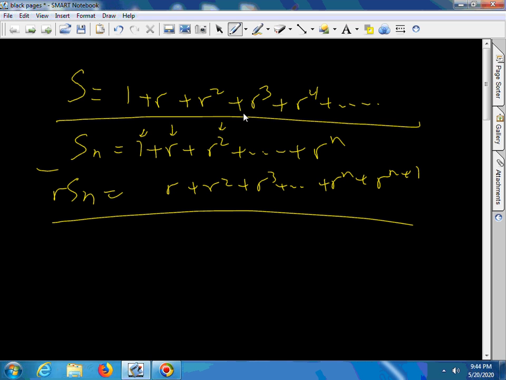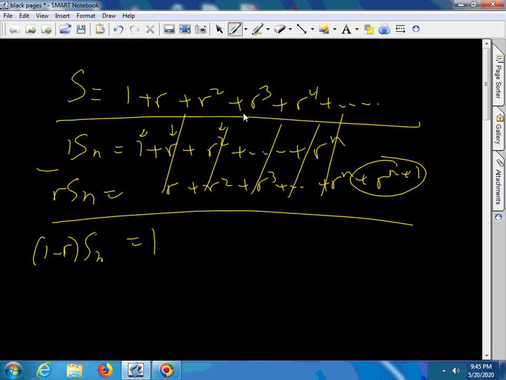And if I subtract, on the left side I have 1 S sub n, and I am taking away R of them. So I'm going to have 1 minus R, S sub n. And this is equal to 1. Everything else for a while canceled out, except that last term.